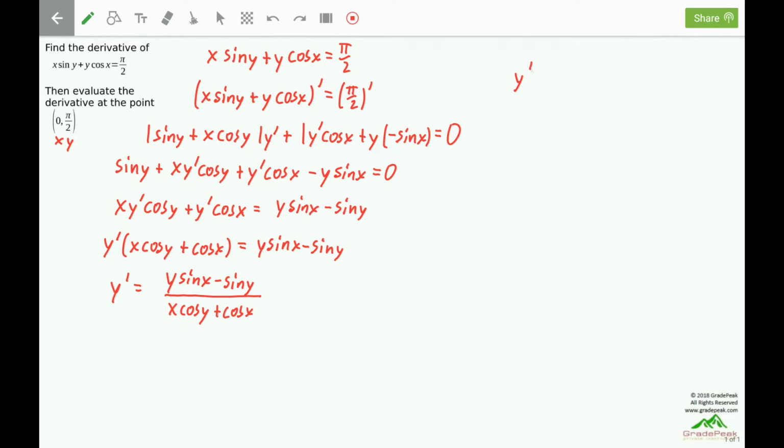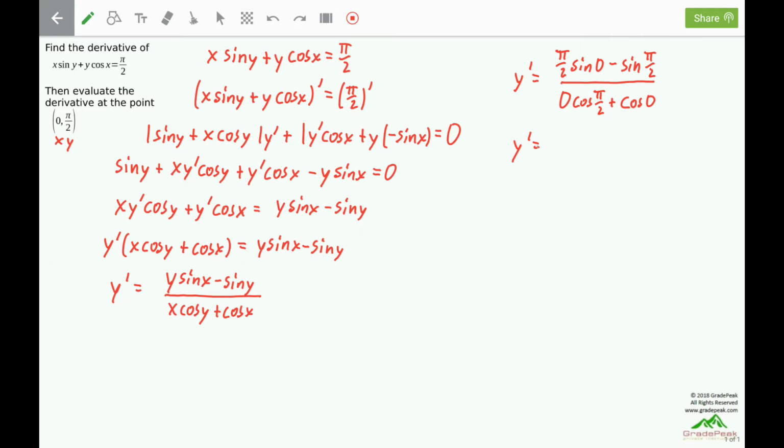So our y prime evaluated will be y, which is pi over 2, times sine of x, which is sine of 0, minus sine of y, which is sine of pi over 2, divided by x, which is 0, times the cosine of y, which is cosine of pi over 2, plus the cosine of x, which is cosine of 0.